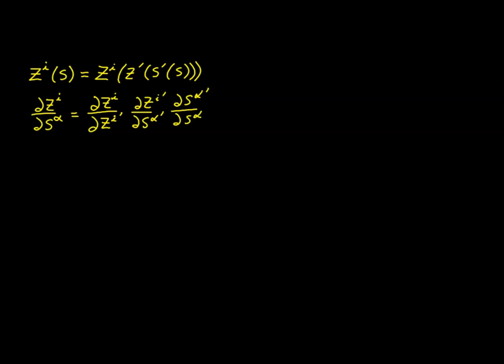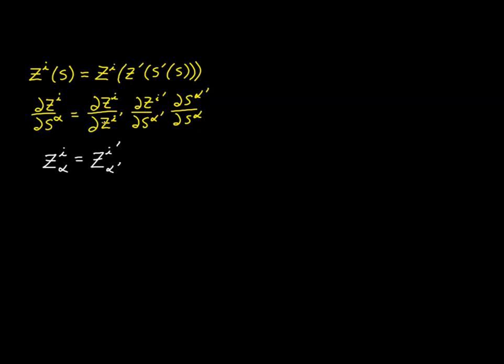So what do we have? Let's clean this up a little bit. This term on the left here is nothing but our shift tensor that we defined a few minutes ago. So this is zi alpha. On the right-hand side, let's pick on this middle term first. This is just what the shift tensor would look like if it's expressed in our prime coordinates. So this is just zi prime alpha prime.